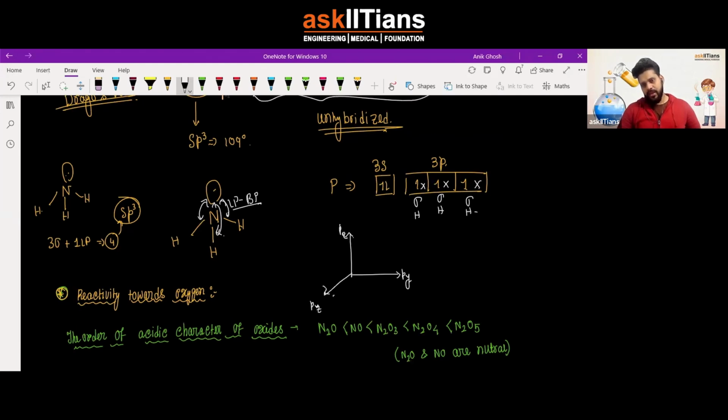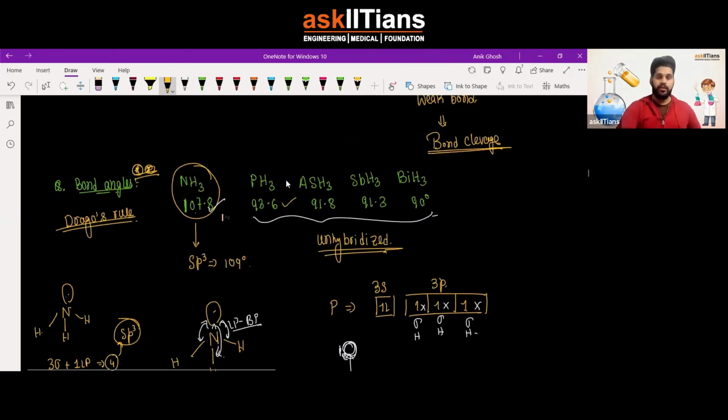If the hydrogens are making bonding with the pure p orbitals, then this is how they are going to look. What would be the angle between them, px and py? It is 90 degrees. And you see the value close to 90 degrees.